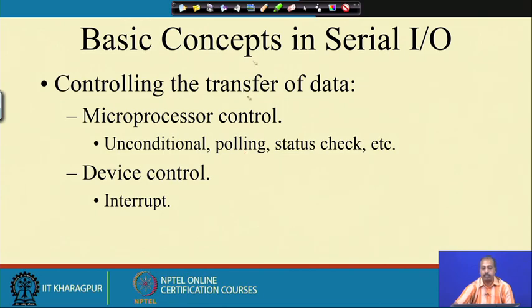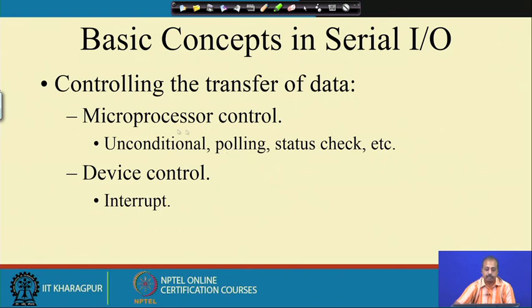Polling means the processor will ask the device one at a time whether it is ready for the transfer, and then the data will be transferred that way. Status check means it will check whether the device is ready. Polling and status check are more or less the same. The processor will regularly poll the device to check its status, and if the status is okay, the device is free, then the data can be transferred.